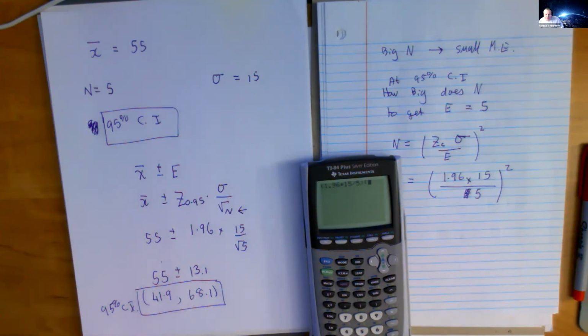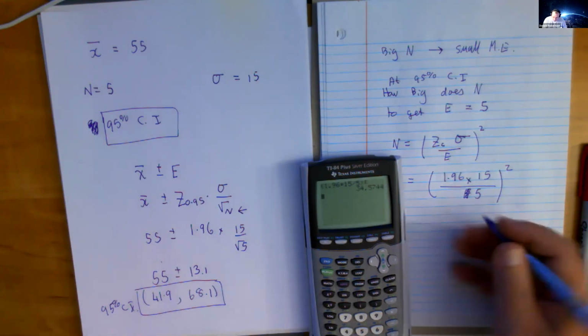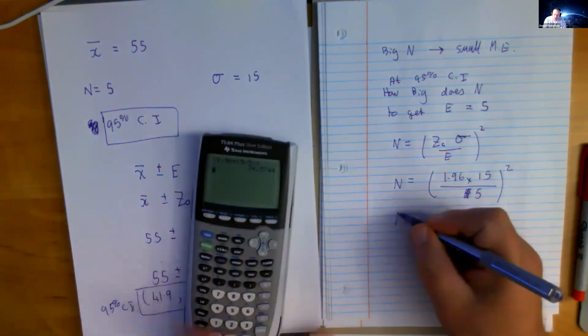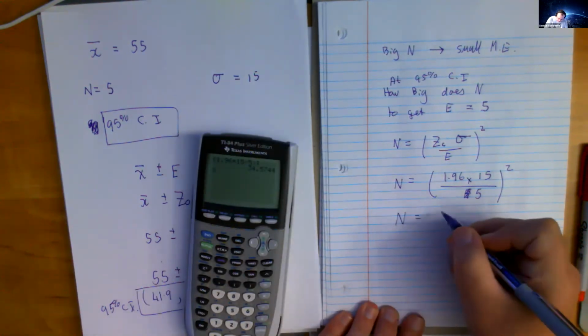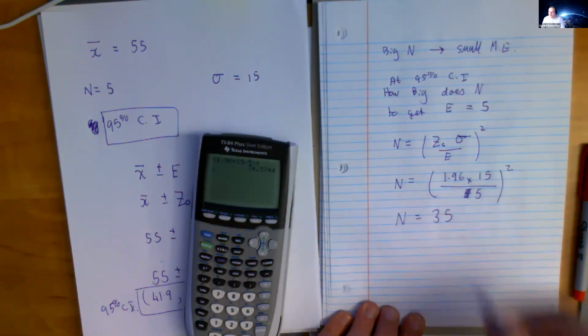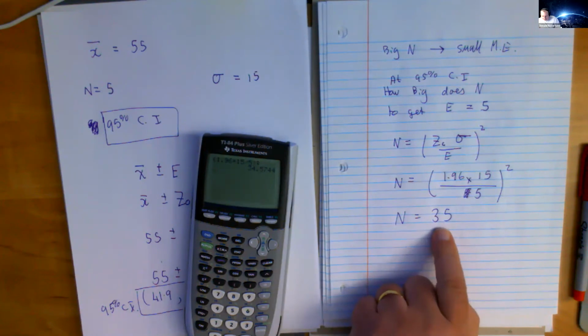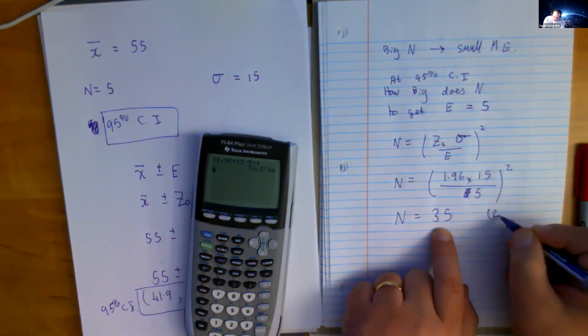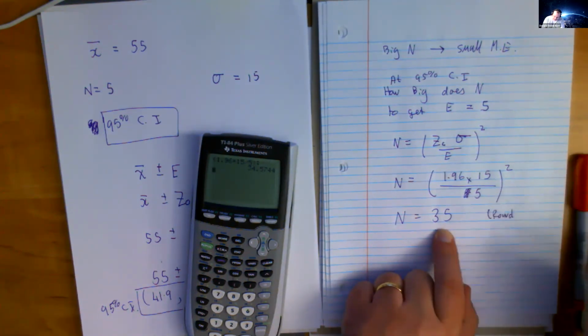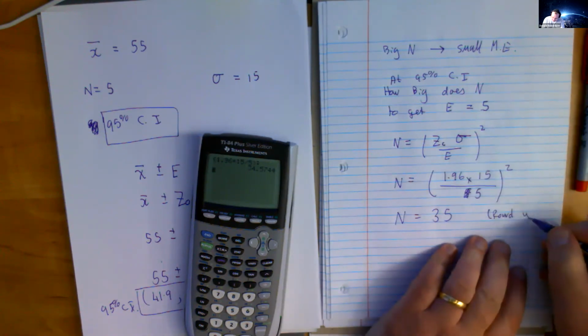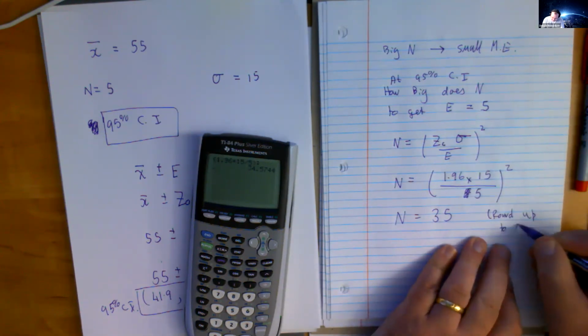Yeah, that'll be fine. Whoa. You need a sample size of 35 because you can't get 34.6 people, right? So in this question, you don't round off to the nearest whole number, you round up to the next whole number.